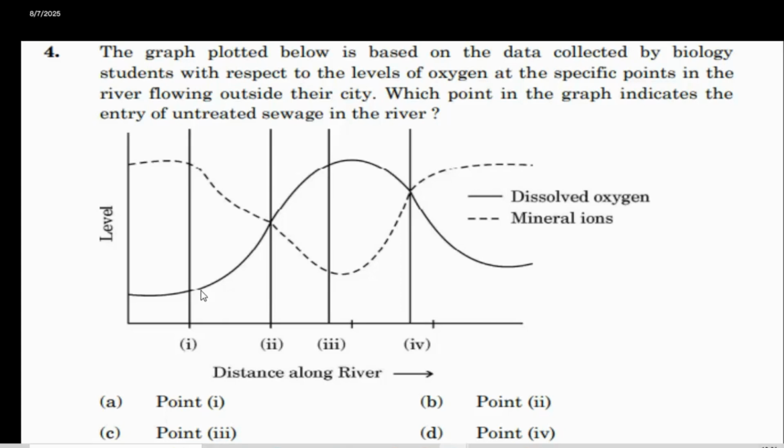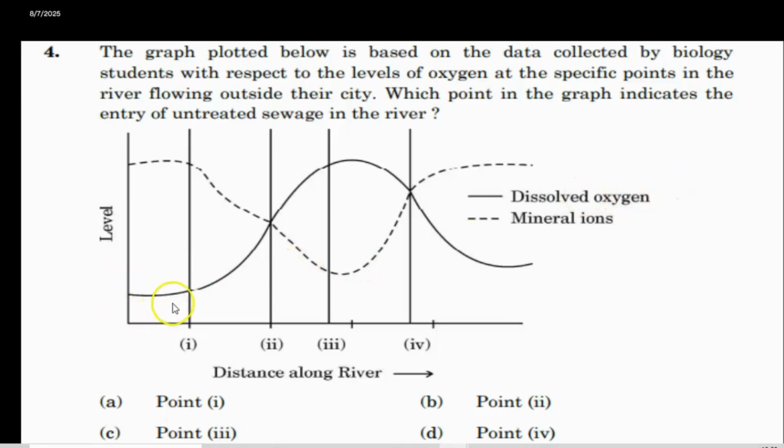All the oxygen inside the water will be used. So less dissolved oxygen means high pollution, and mineral ions will be very high. In the organic matter a lot of mineral ions will be there which will get dissolved in the water. So let's see at which point it is like that.